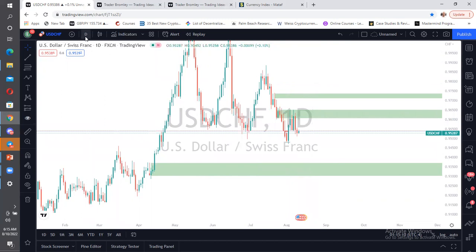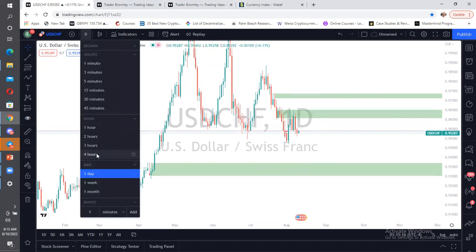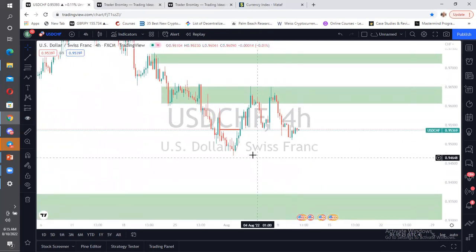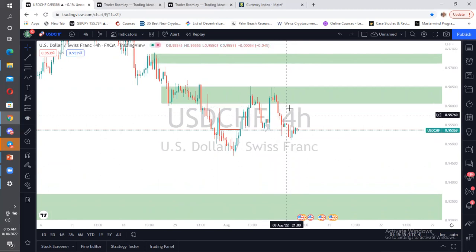Let's go back to 4 hours. In 4 hours, we see a break of market structure to the upside, all right? Then they pull back to this particular level. Then we'll see this particular movement again down. So here also we left a gap there.